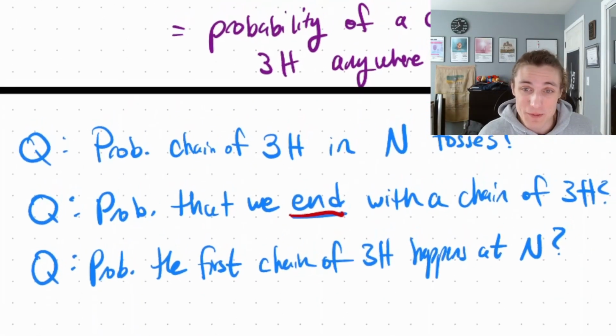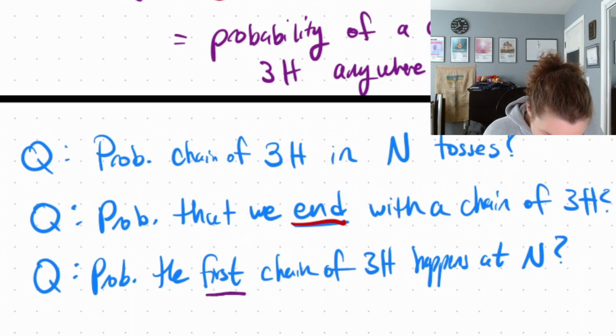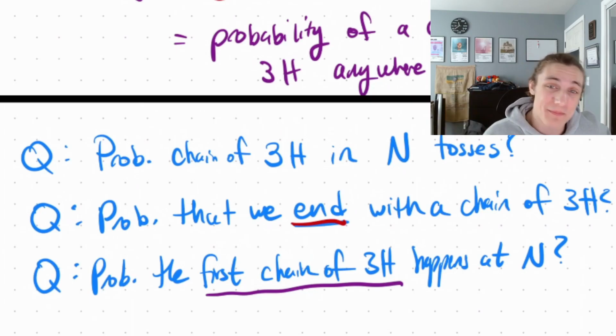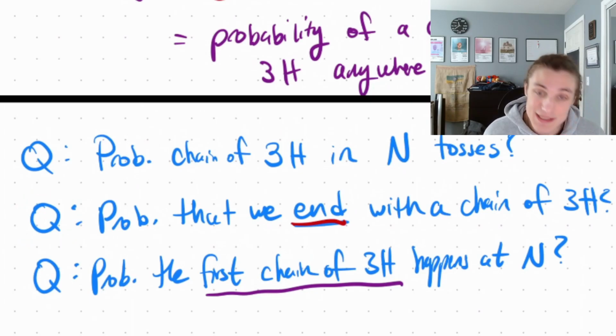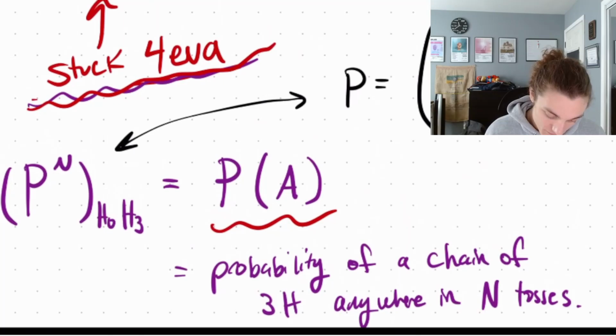But what about this last question? What is the probability that the first chain of 3 heads happens at n? That is a different question, right? That is a completely different question from number 2. They seem similar, and they're similar, but that's a completely different question. How do we figure this out? Well, let's think about what we know about probability in general, okay?